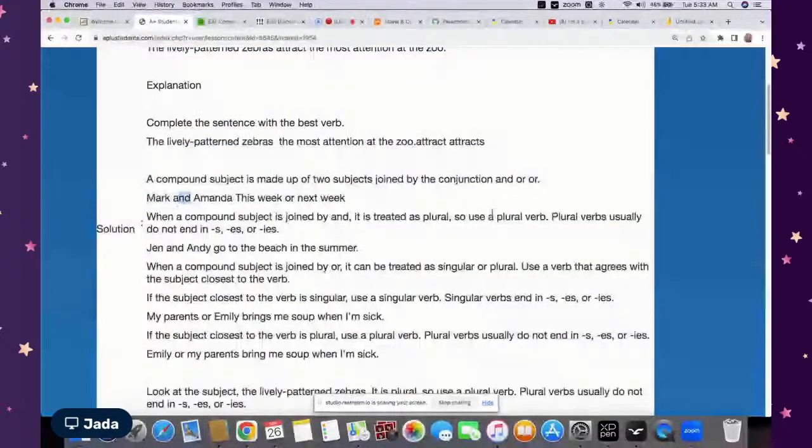So you are gonna use a plural verb. And plural verbs, like we all know, do not end in S, ES, or IES. Jen and Andy go to the beach in the summer. So we have Jen here and Andy, which makes it a plural subject.